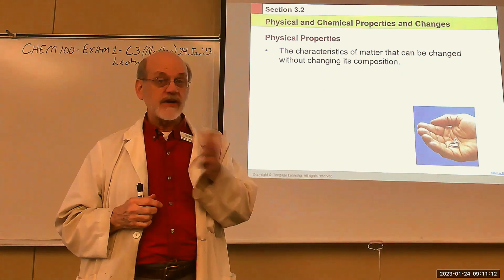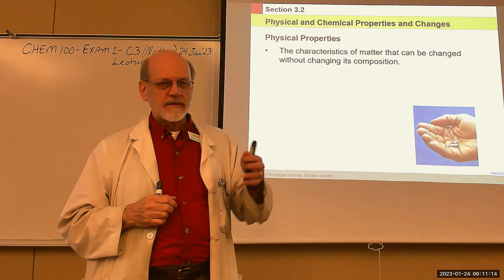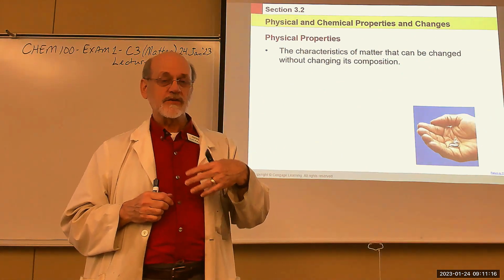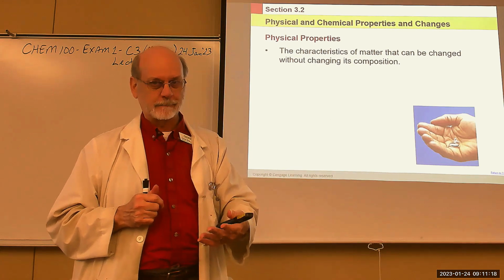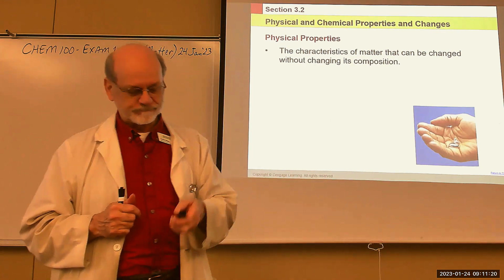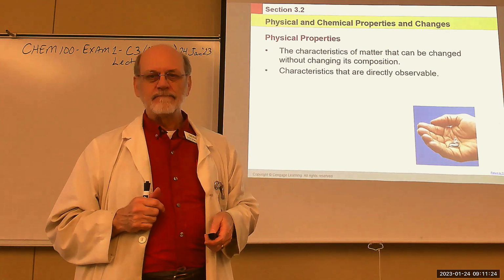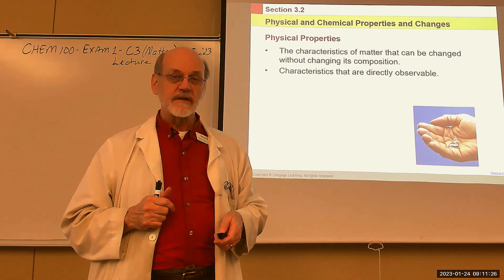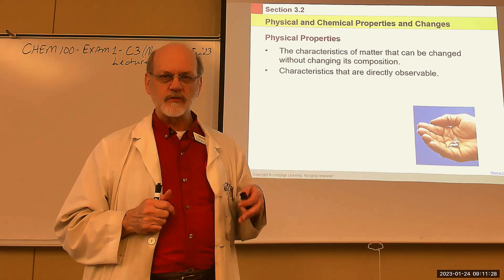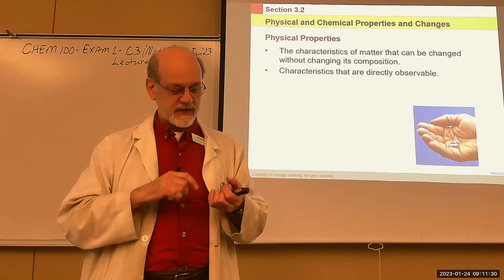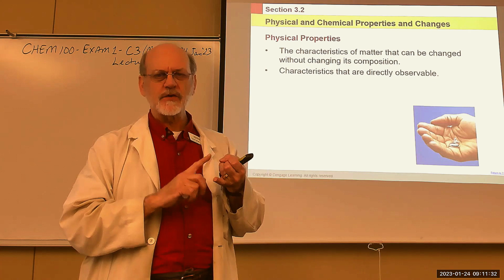Now, the change doesn't have to occur. The physical property speaks to potential change. And these characteristics are more often than not directly observable. We could say the substance has a certain color.